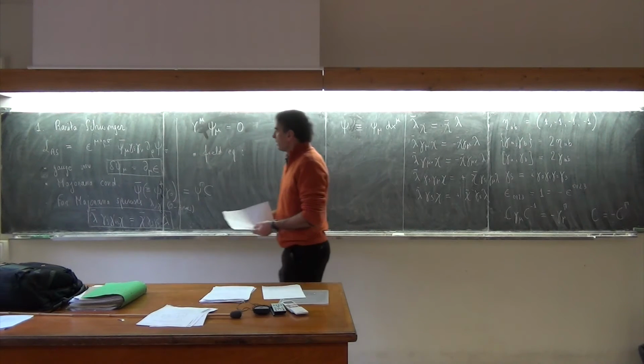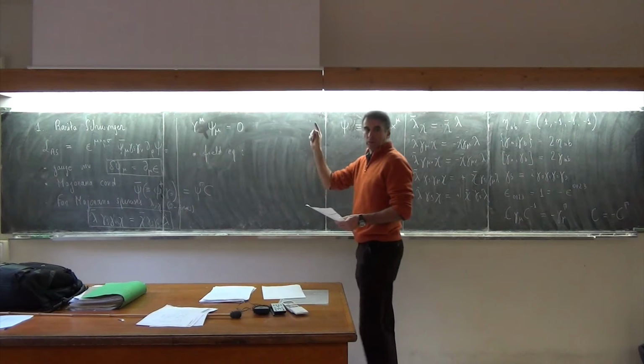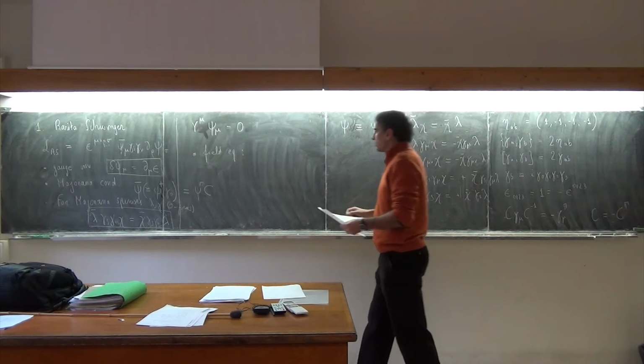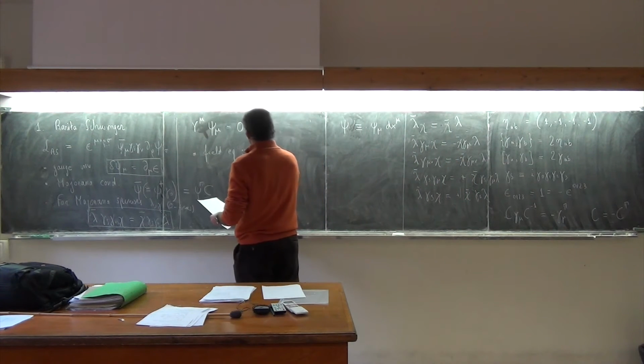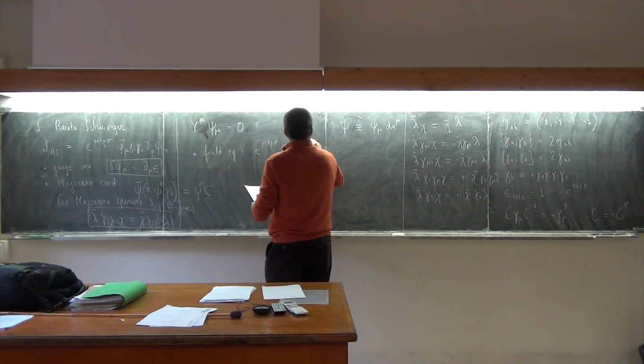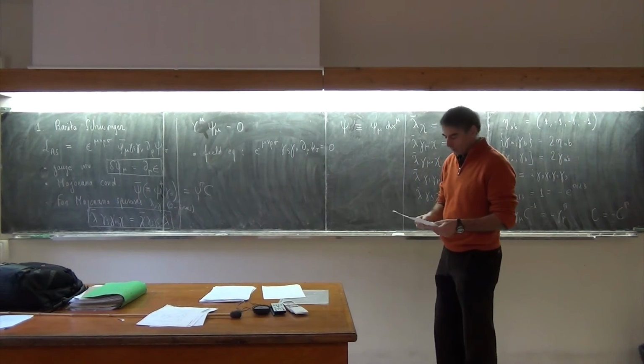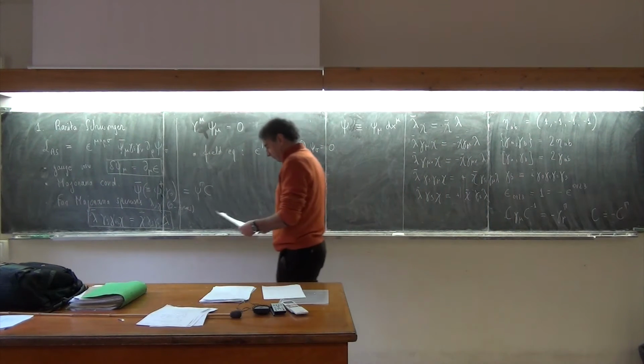Again, you can vary, for example, only this field, because the variations of psi bar and psi add together, and so you find as field equation, if you vary this Lagrangian, epsilon mu nu rho sigma, gamma 5, gamma nu, d rho psi sigma is equal to 0. This is the field equation of the Rarita-Schwinger field.